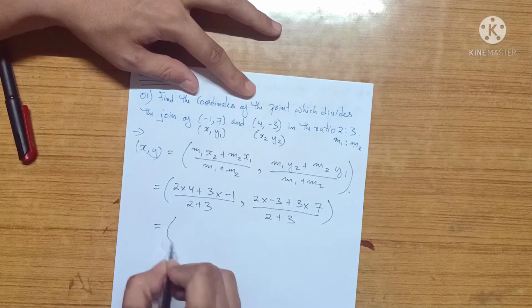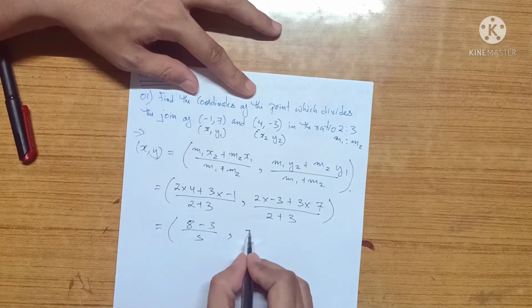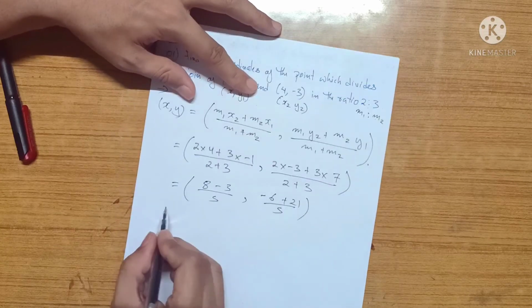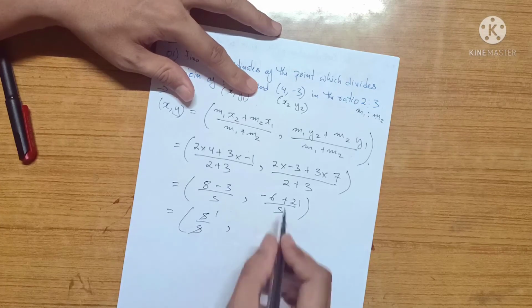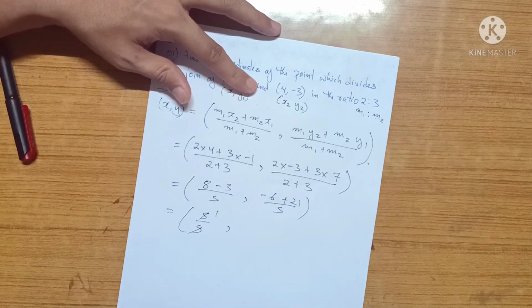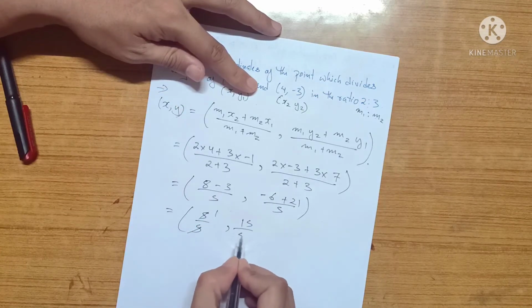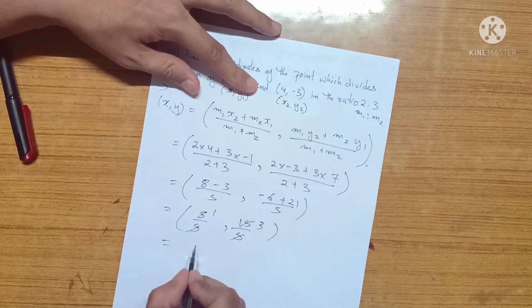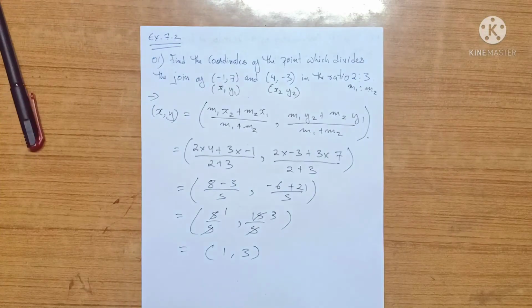So we get 8 minus 3 by 5, comma, minus 6 plus 21 by 5. So 8 minus 3 is 5, 5 by 5 you can cut. Then 15 by 5, you can cut, 5 threes are 15. So we're getting (1, 3) as the coordinate. That's it. It's pretty easy if you just apply the formula correctly.